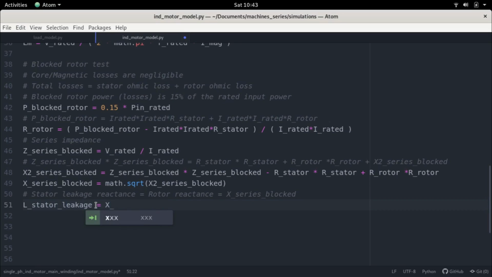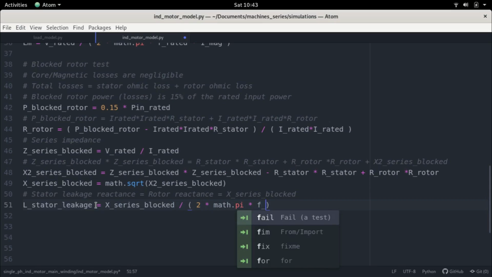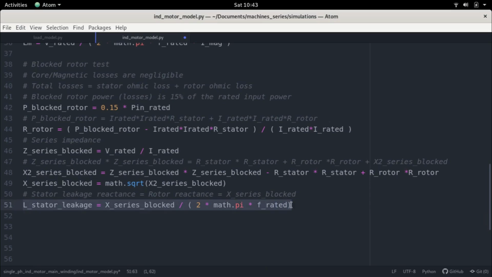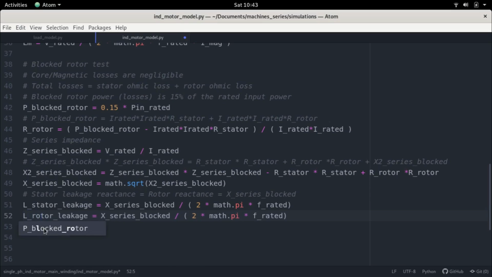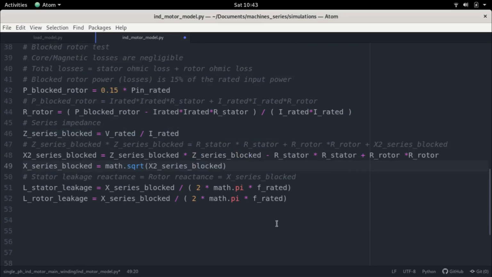So L stator leakage is equal to X series blocked divided by 2 into math.pi into f rated. That is basically 2 pi f L is equal to X series blocked, and all I have to do is copy this and say L rotor leakage reactance is equal to the same X series blocked divided by 2 pi f.